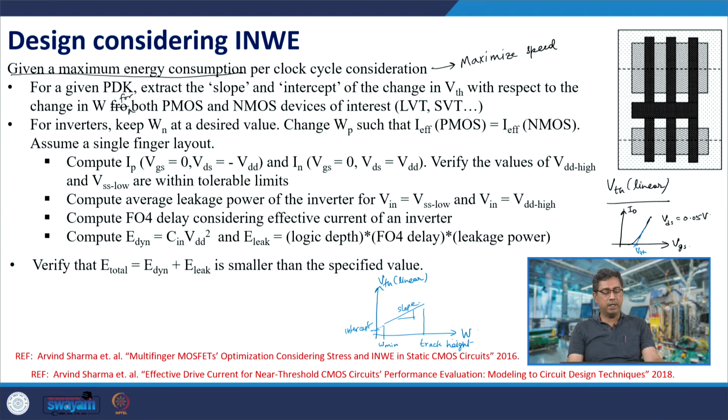Once you have done this at the device level, for any device width you have the value of threshold voltage, so you are considering inverse narrow width effect now. Now, how would we design the inverter cell? Choose a certain Wn based on the normal design considerations. Assume that there is no fingering now; it is a single finger device.